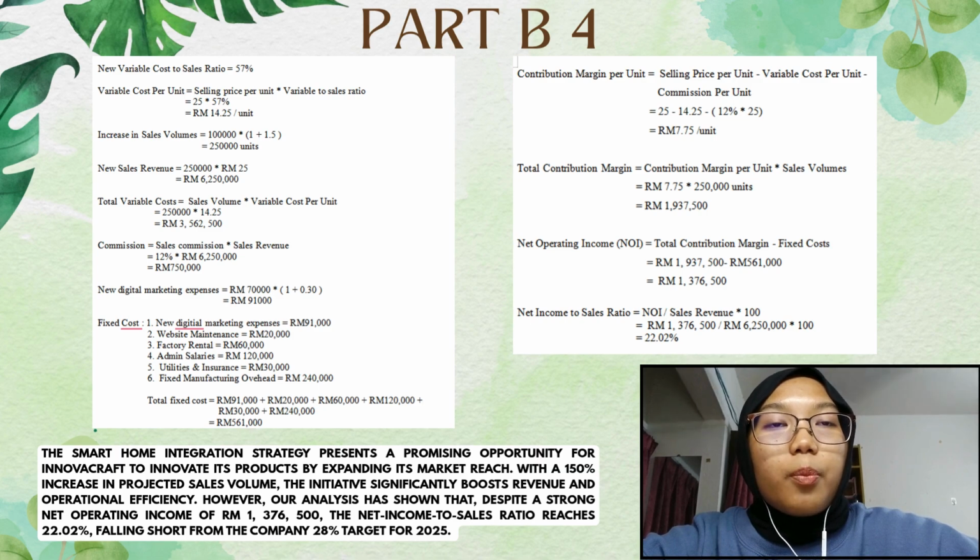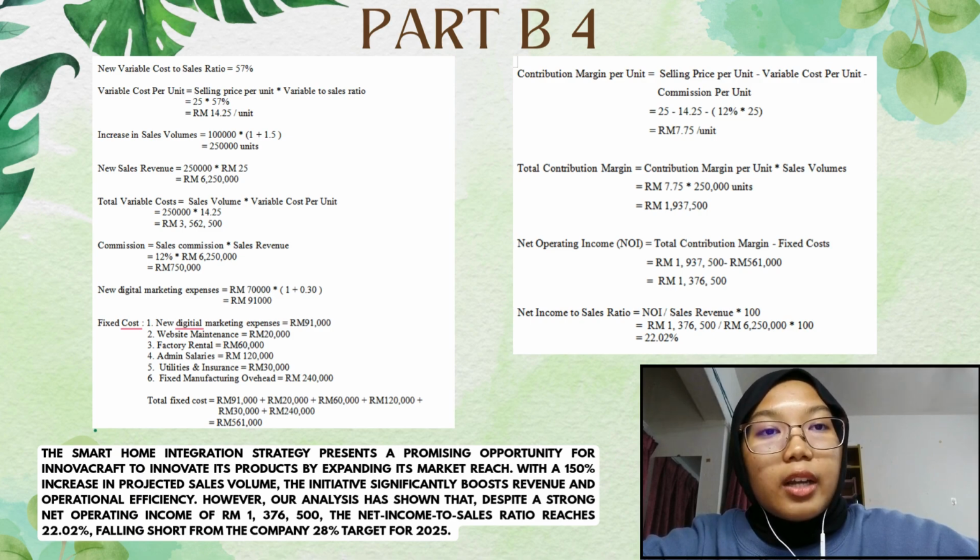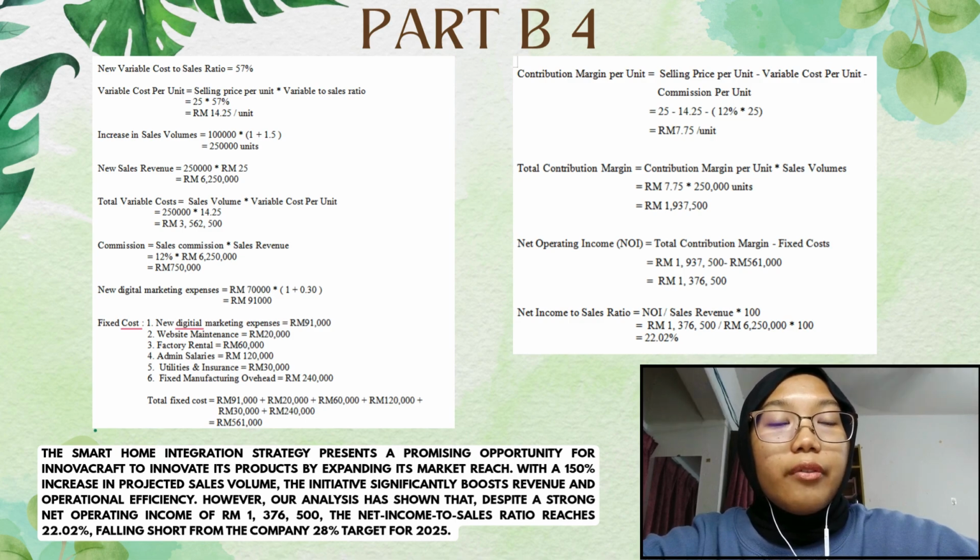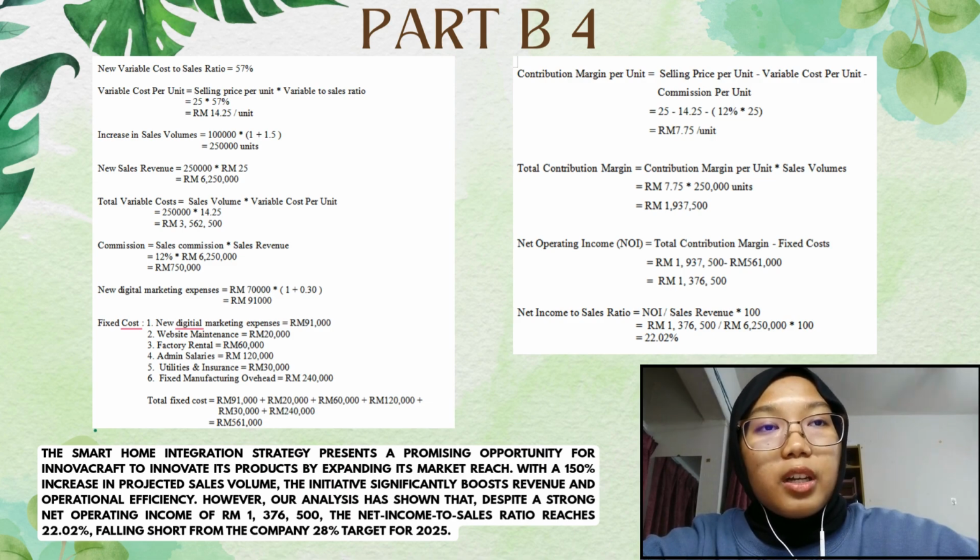Our net operating income would be RM1,376,500. To evaluate performance, our net income to sales ratio has become 22.02%. This is a strong result, but falls short of the 28% target.